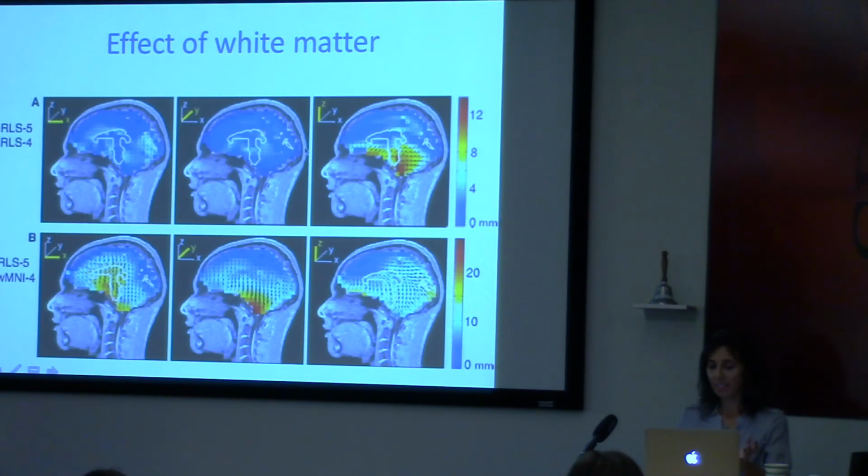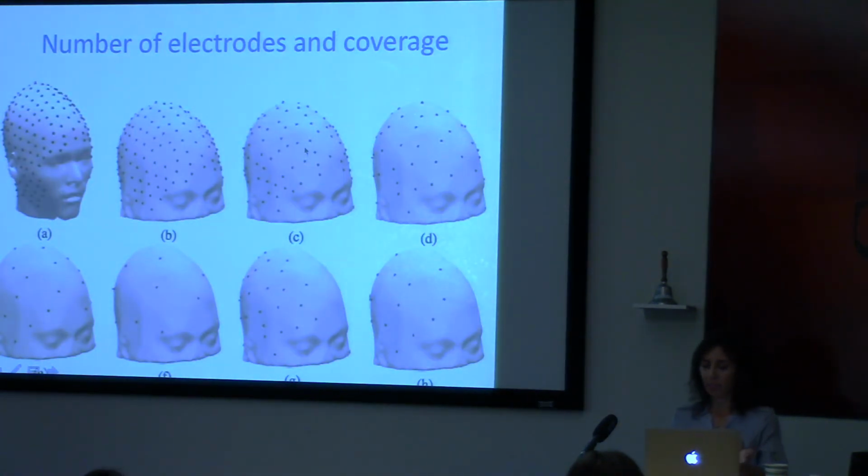Another test we did was the number of electrodes and coverage. So we had 256 electrodes here, and then 128, 64, 32, and then 16 electrodes on one side of the head and on both sides.